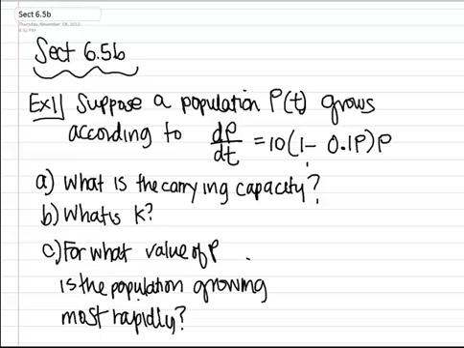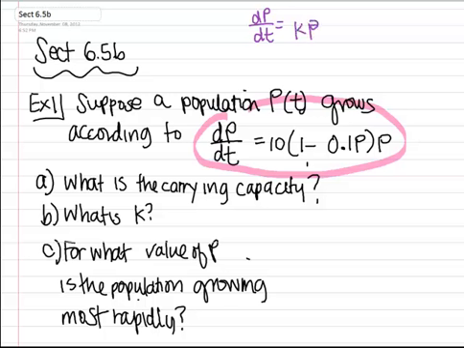rapidly. Okay, so the first thing you need to do is to look at this differential equation you have and see what kind of differential equation it is. We know that dP/dt equals kP times (1 minus P over M), and that doesn't quite look like this, but I could really just rewrite my k and write 1 minus P over M and put the P on the back side of this.